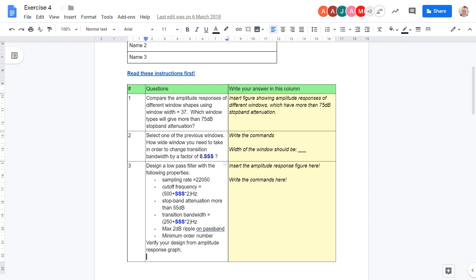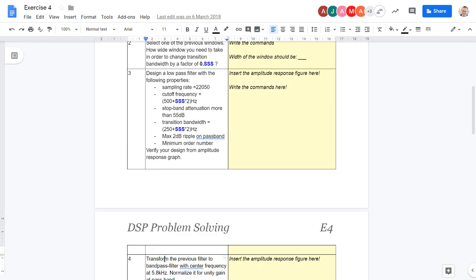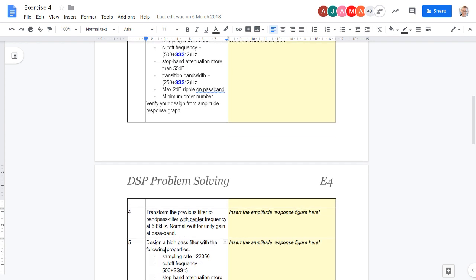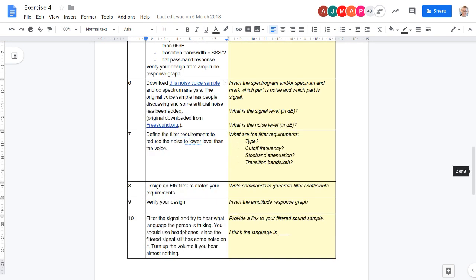And then design a low pass filter with the following properties. Okay. What else? Then transforming again. So basically, there's plenty of things to do here. I'll start it now, but in 15 minutes, I need to take a break. But you can basically continue working on the exercise, and then I'll come back and tell you more.